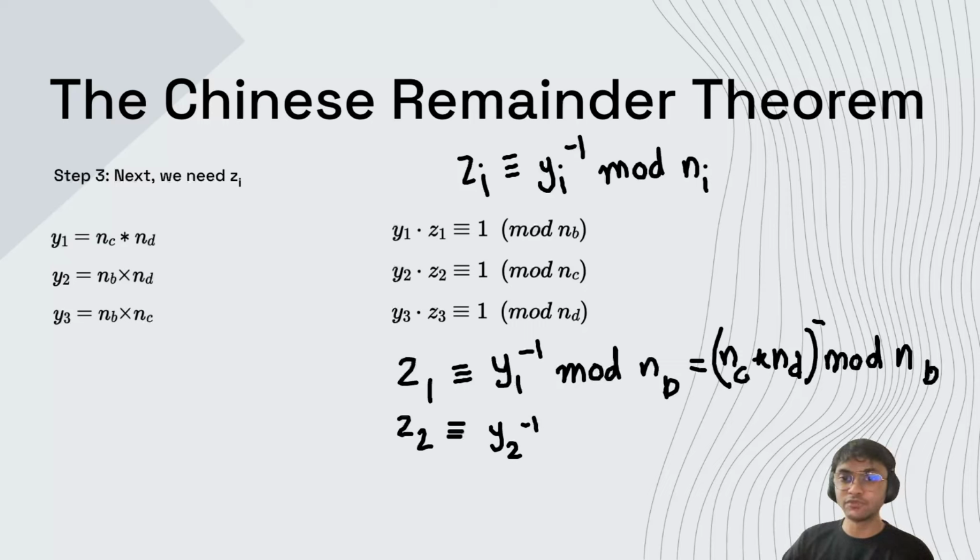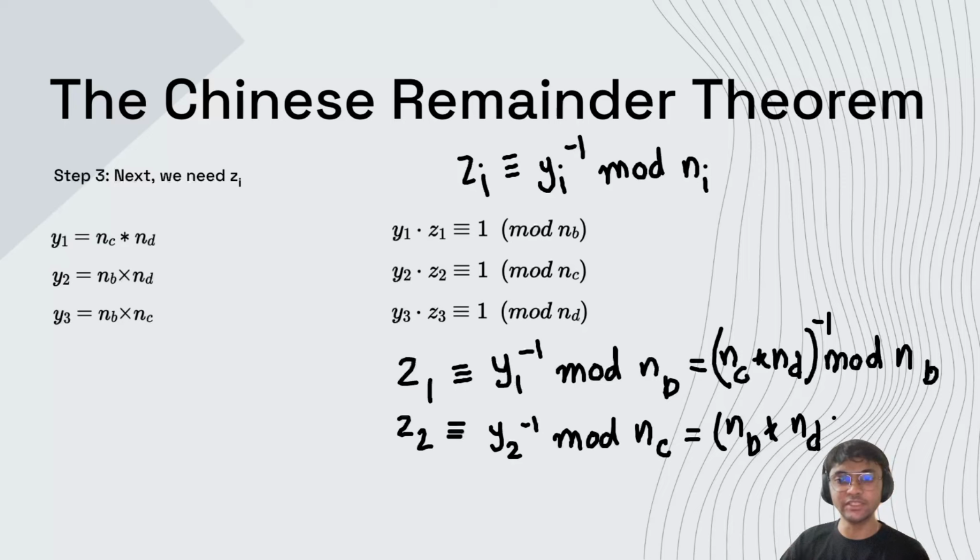In the previous equation, we missed the inverse of the whole thing. So Z2 is the inverse mod n sub C of NB times n sub D, since we already know the value of Y2.